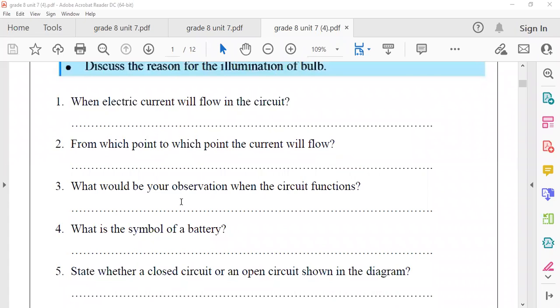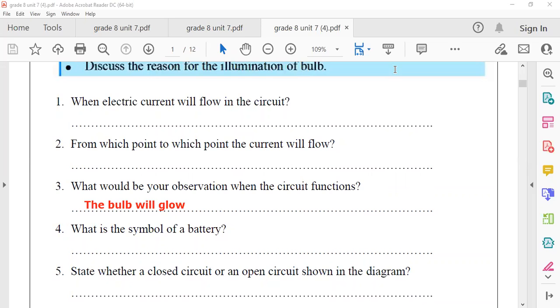Okay. Question number 4. What is the symbol of a battery?